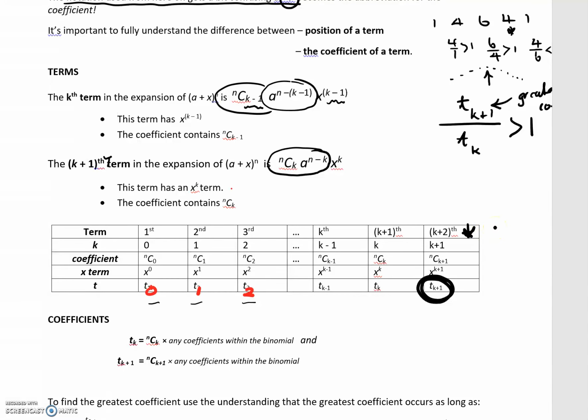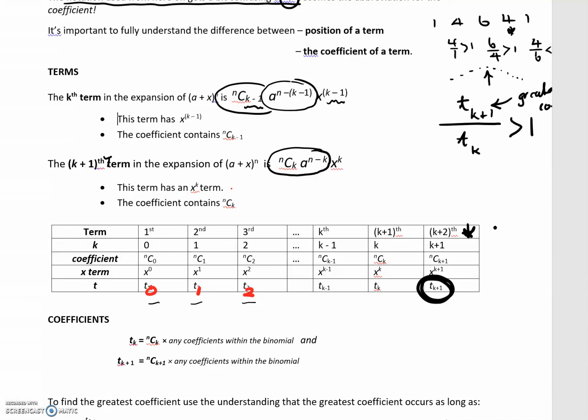Many of the questions you're going to do out of this exercise just get you to identify k, identify the k plus 1th coefficient, and for some reason in this textbook they don't actually ask you which actual term it is. However, in the previous textbook, that was also a common aspect to the question.